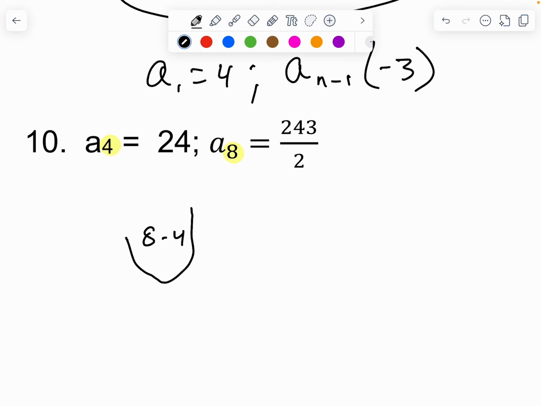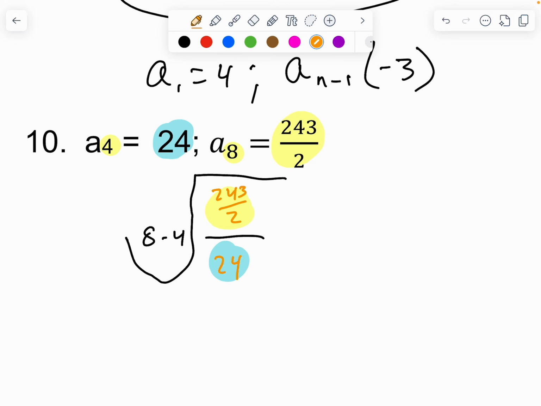I know it looks funny, that's inside the root, just being dramatic with it. And then the value that's further along is going to get divided by the value that's not as far along. So I'm going to have 243 over 2 divided by 24.